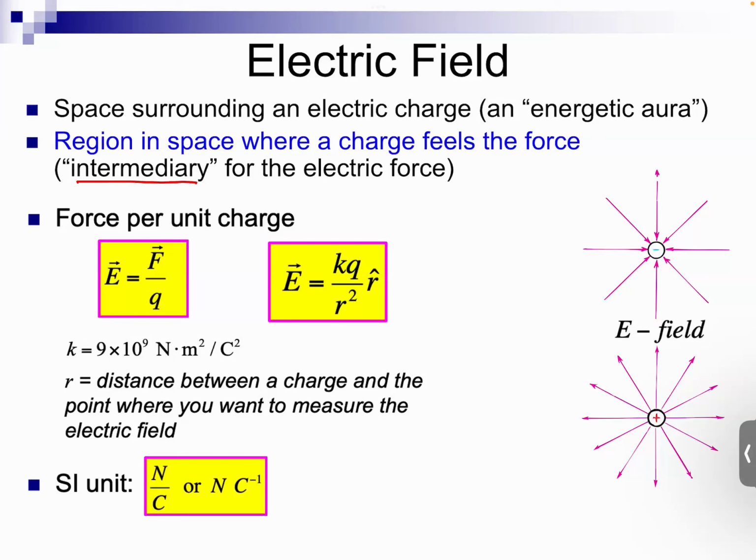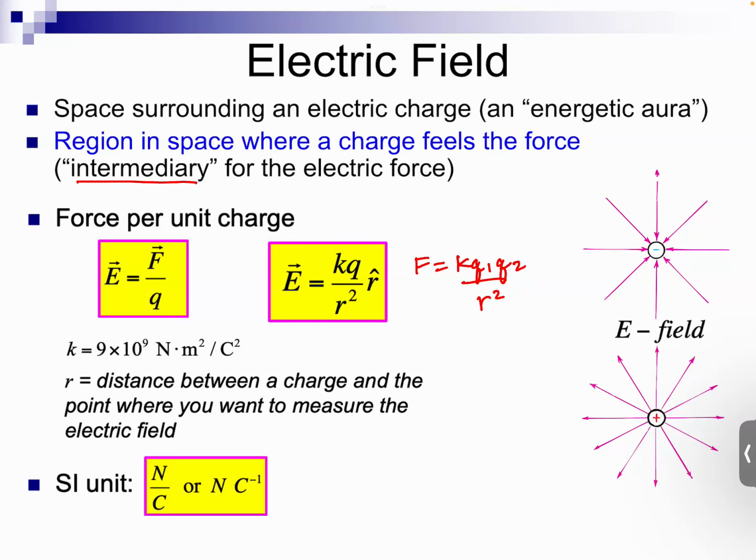Okay, moving from Coulomb's law. So Coulomb's law, you have k Q1 Q2 over r squared, right? If you define electric field as force divided by charge, then you're essentially dividing k Q1 Q2 by Q, and therefore in the definition of the electric field, you only need a single charge in order to have an electric field.